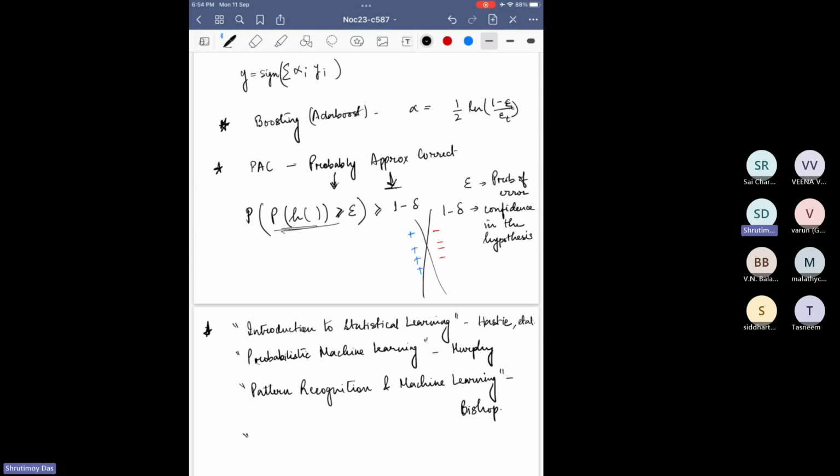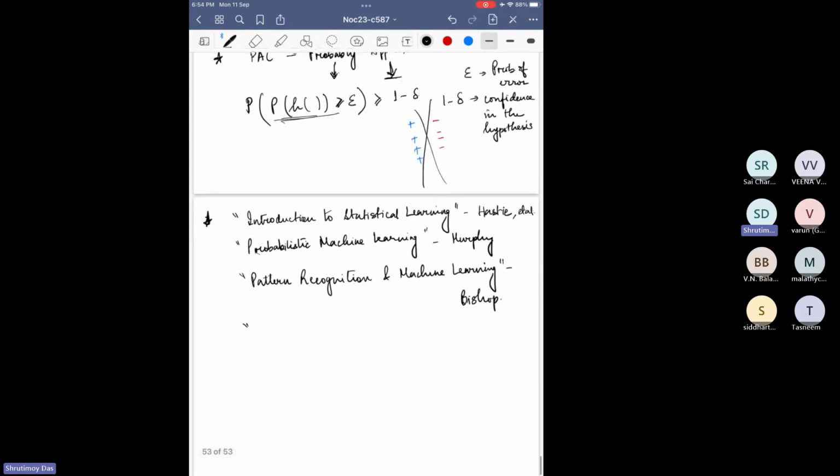Another is Machine Learning by Tom Mitchell. You will find the PDF for this available. Even for these others it may be available. You can just check the authors' websites. So you can go to these books.